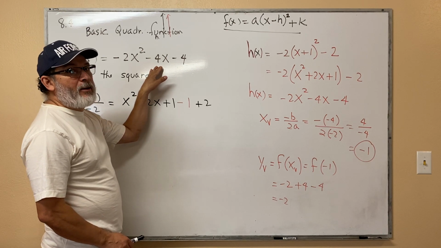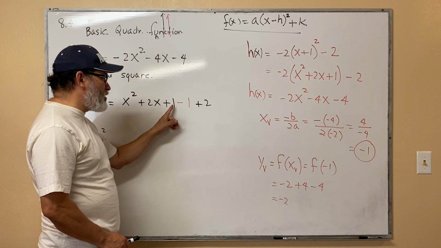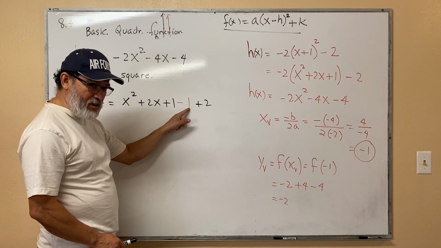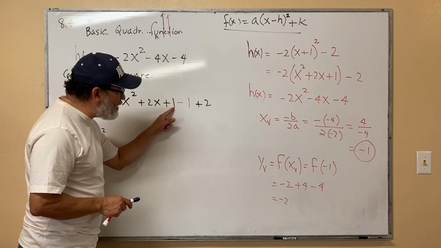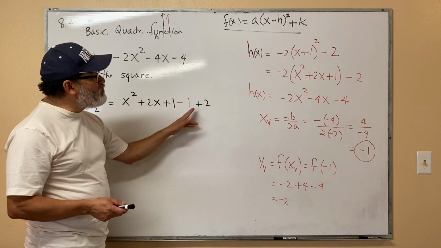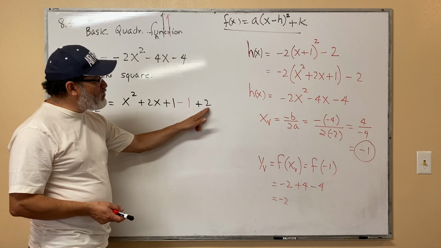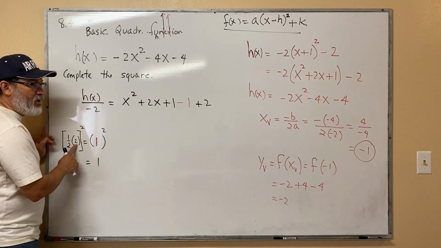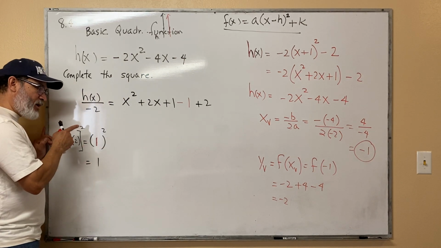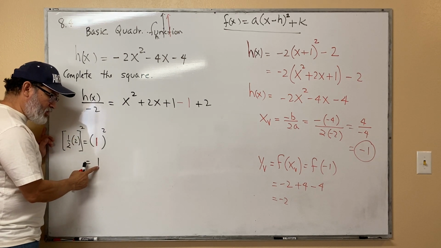You messed it up. Whatever you add, you must also subtract. But you need to make the room first, okay? You make the room, take half of this, whatever this is, half of it, square it.